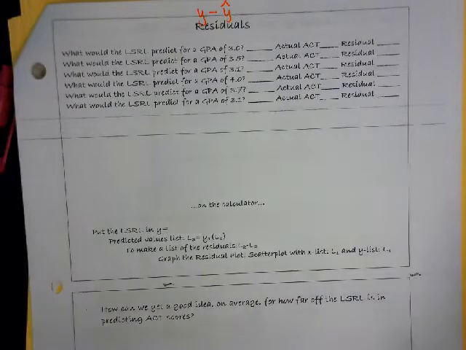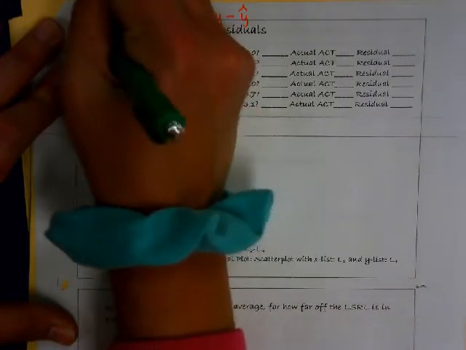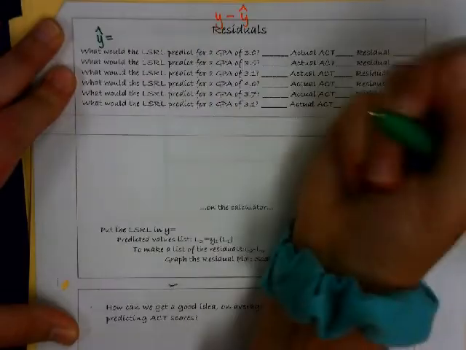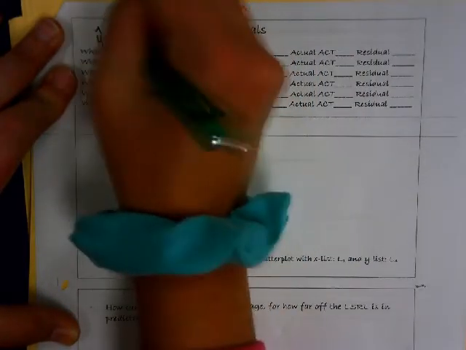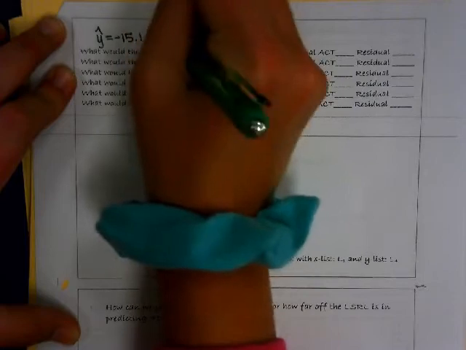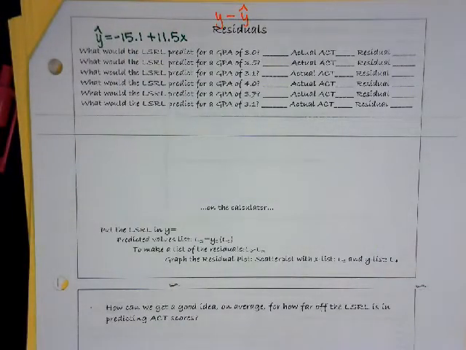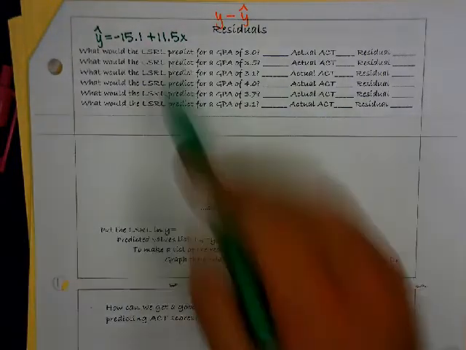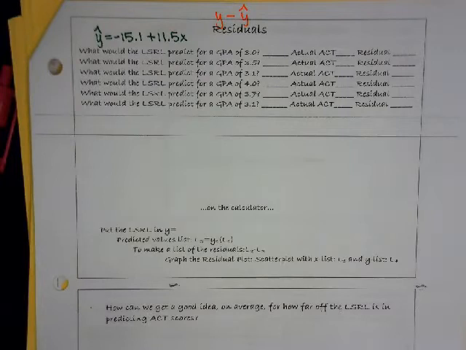To find our predicted, we're going to use our least squares regression line, which is y hat equals negative 15.1 plus 11.5x. And for the residuals, I'm using the ones the calculator gives. Mine had a few extra decimals, but that was because of rounding. In this column, this is going to be all my y hats.